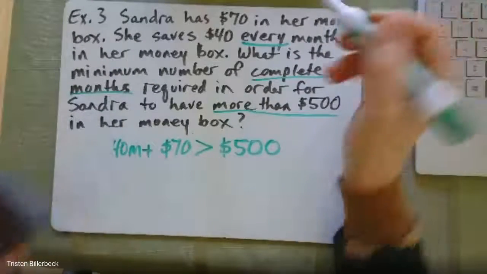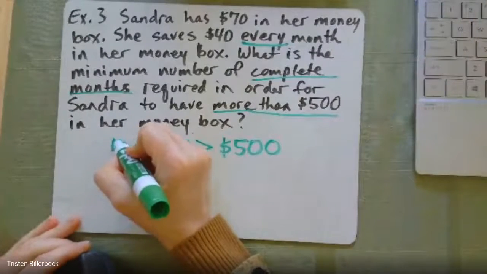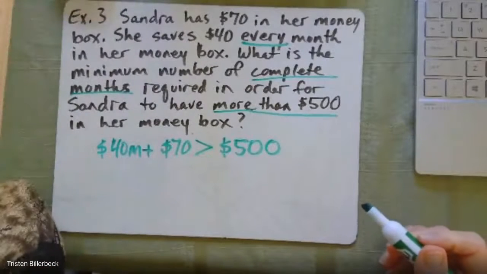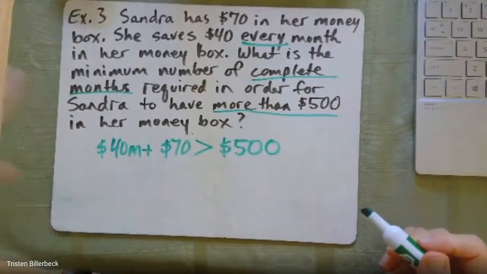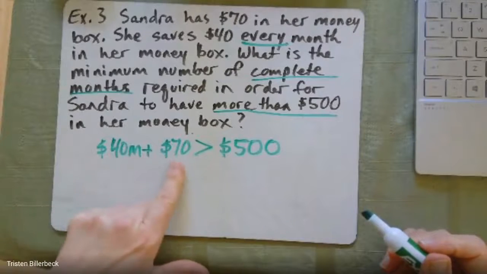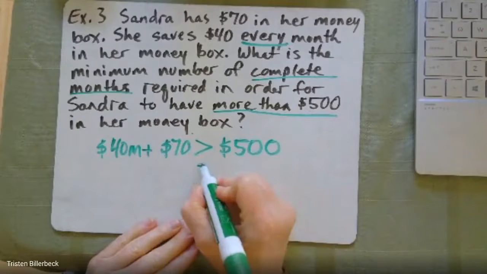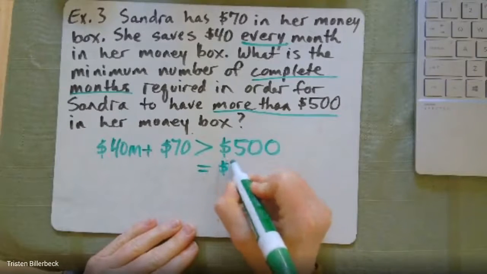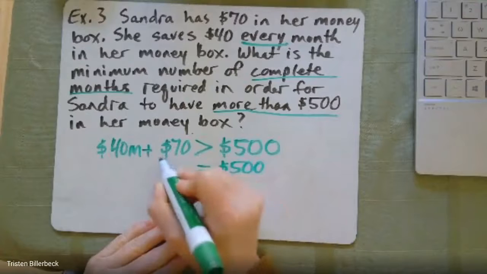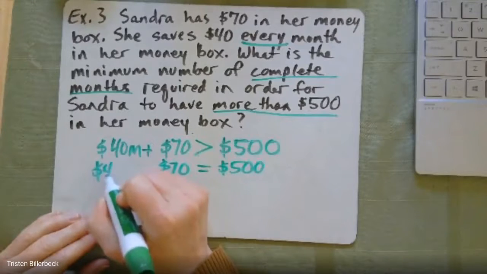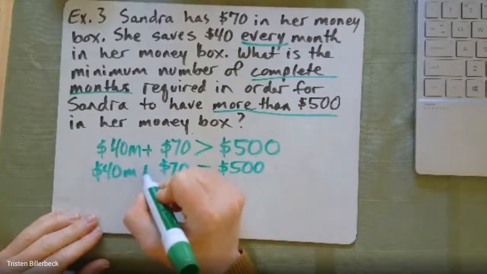Let me make a better dollar sign because that looked kind of weird. There we go. All right. So now let's pretend that's an equal sign right now. There we go. And we've got our $70 and we have $40 a month.